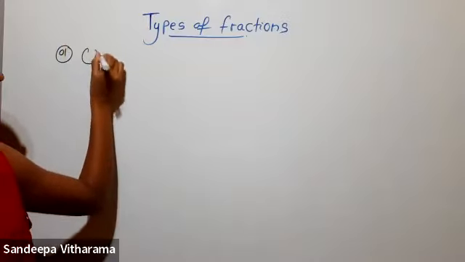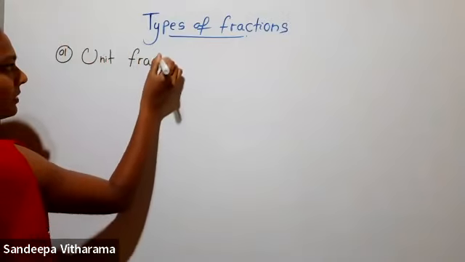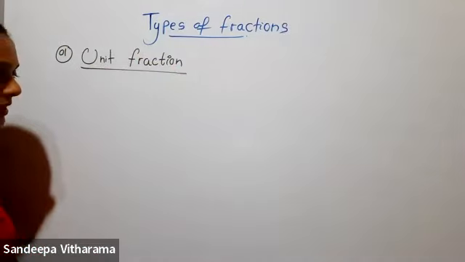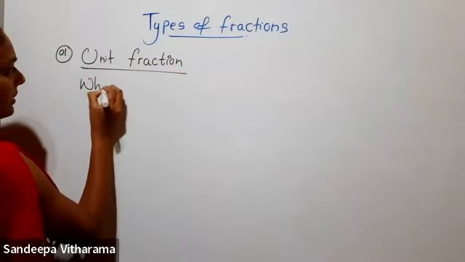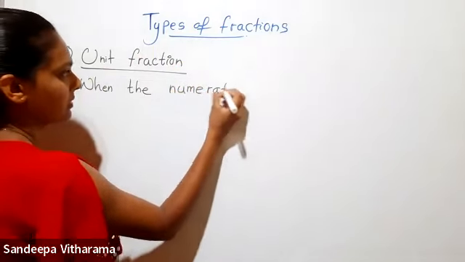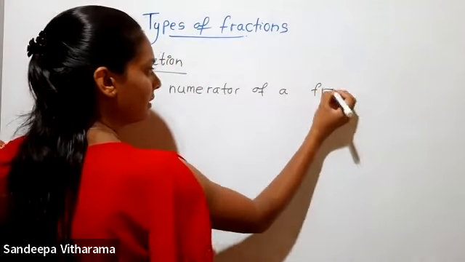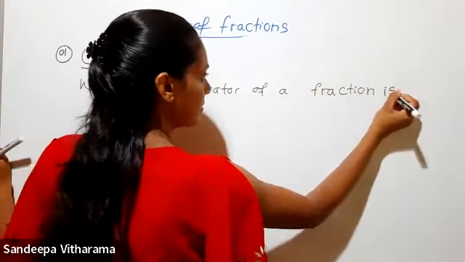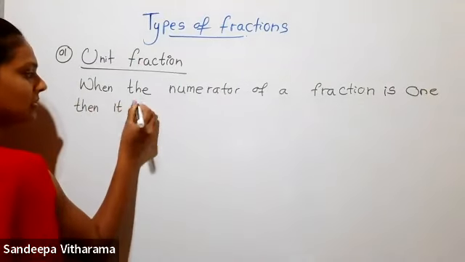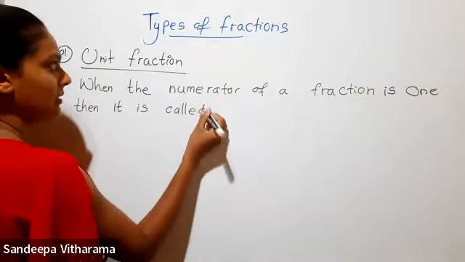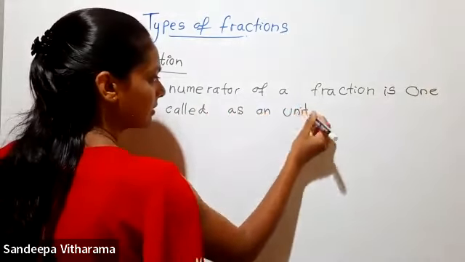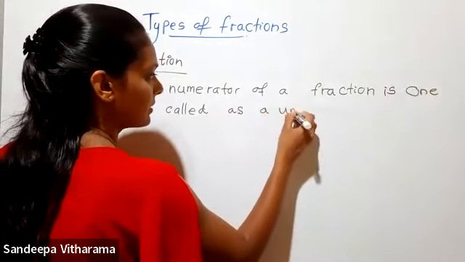First type is unit fractions. Okay, when the numerator of a fraction is 1, then it is called a unit fraction.